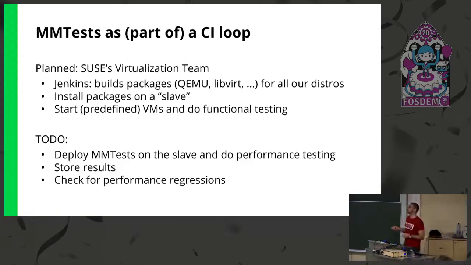So what we would like to do is to plug MMTest into this infrastructure and have also performance benchmarking on top of these, and be able to check for performance regressions and stuff.